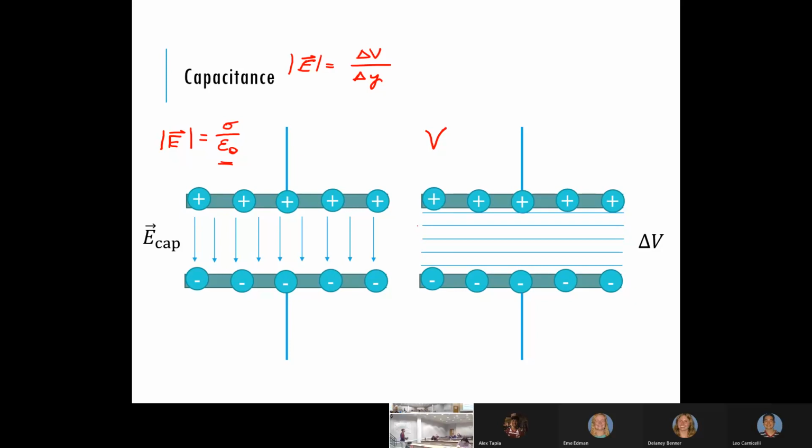Can you explain that one more time, why it's constant? Yeah. The magnitude of the electric field is given by the slope of the electric potential. We have a constant electric field, which means the slope of the electric potential is constant.